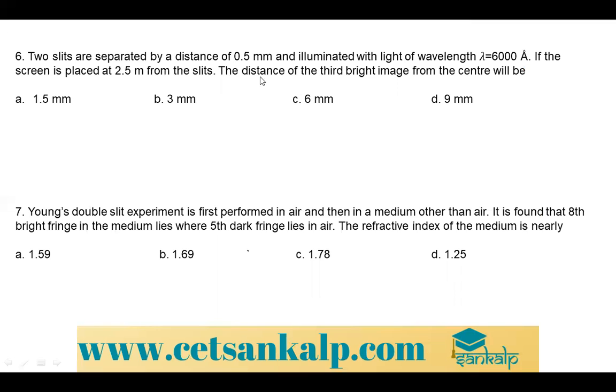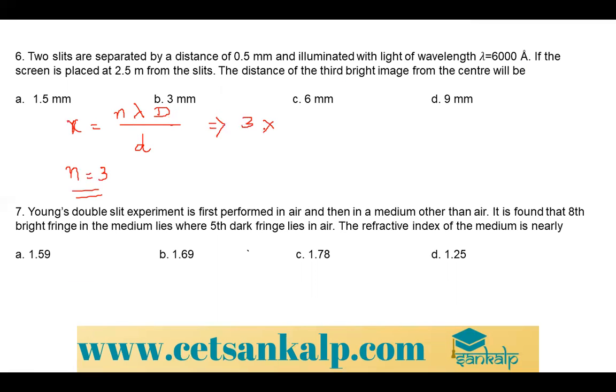So you have the formula x is equal to n lambda D by d. This is the formula, and n they've given us 3. Since it is a bright fringe, n is equal to 3.